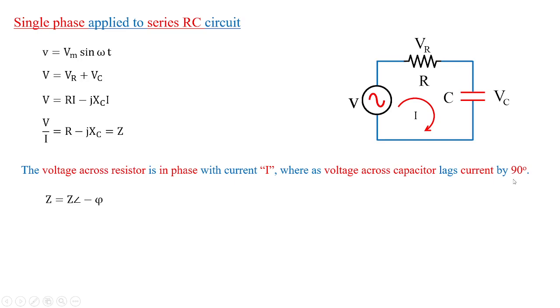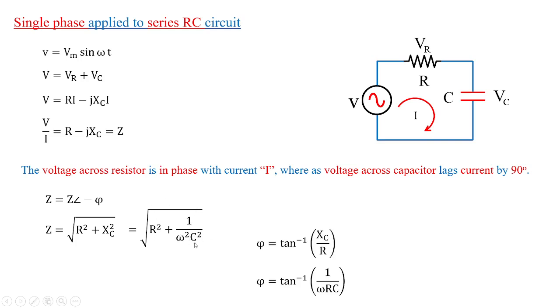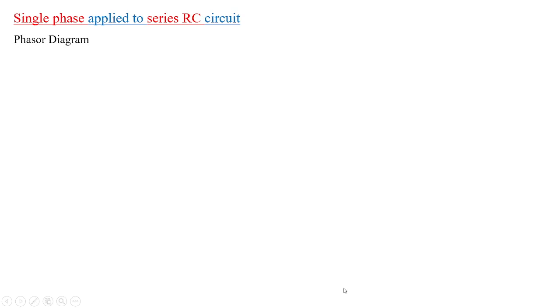The magnitude of impedance is given by the square root of R square plus 1 by omega square C square, and the angle between the current and voltage is given by tan inverse of XC by R, or 1 by omega RC.